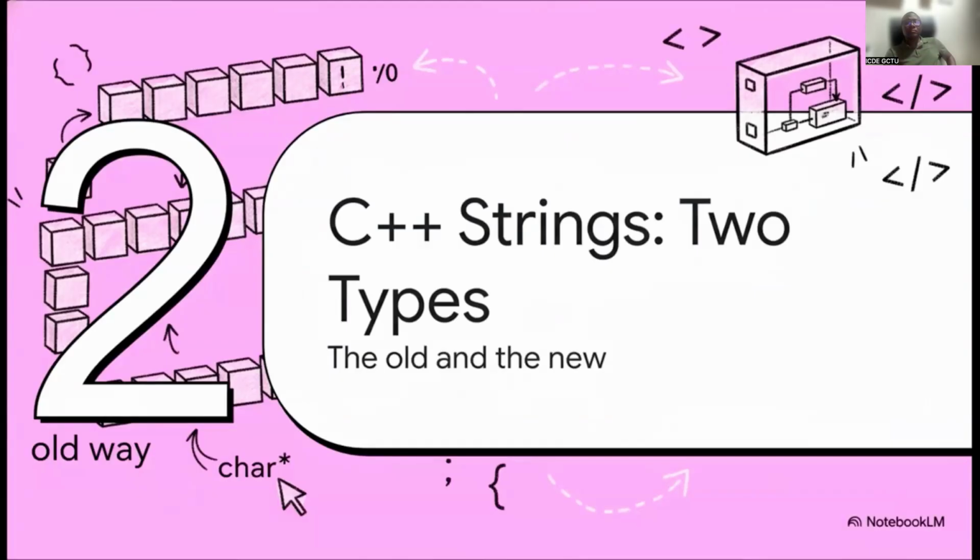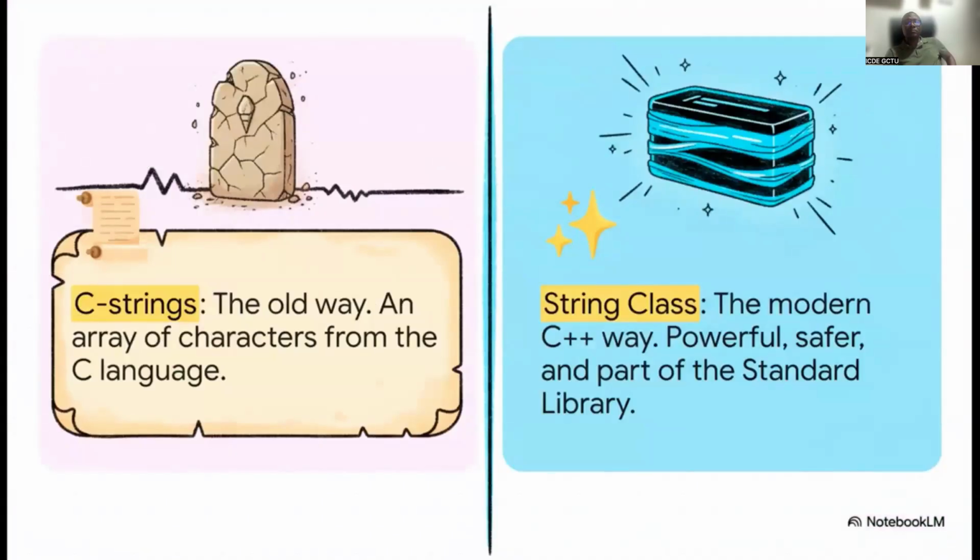There's an old way, and thankfully, a much, much better new way. On the one hand, you've got C-style strings. These are basically just raw arrays of characters, a holdover from the C language, which C++ is built on. But on the other hand, we have the modern C++ string class. This is the one we want to use. It's not just more powerful, it's a lot safer because it handles all the tricky memory stuff for us, which helps us avoid a ton of common bugs.